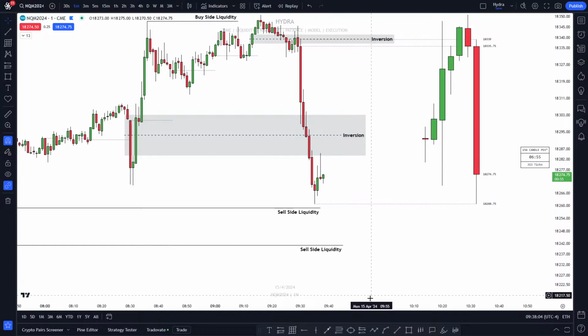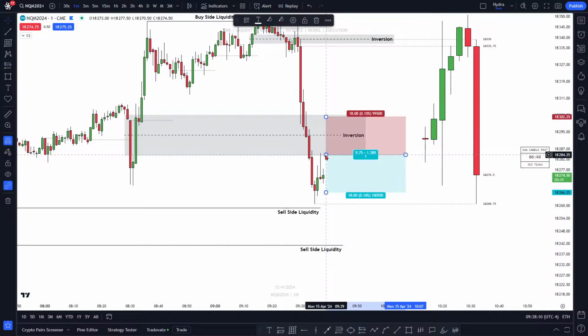So it hit the inversion. I think we'll be going short again. It's a very powerful PD area though. Let's see if it works.